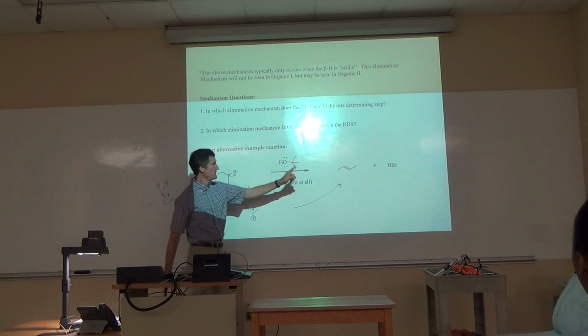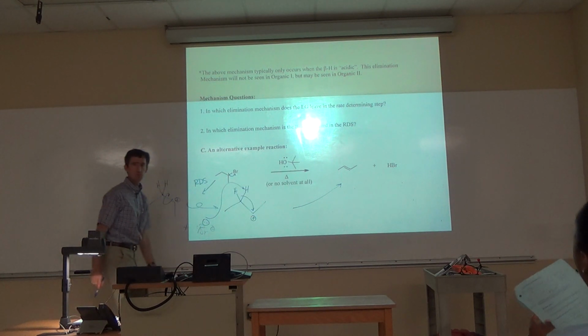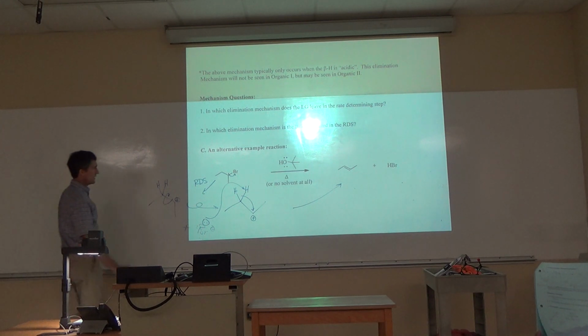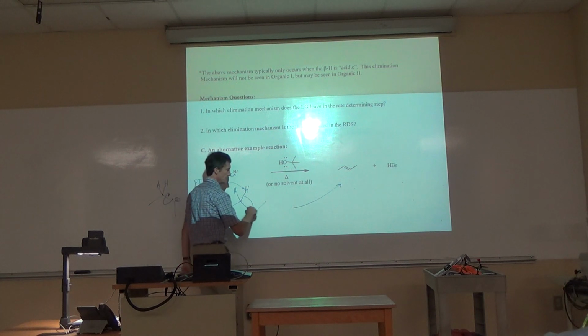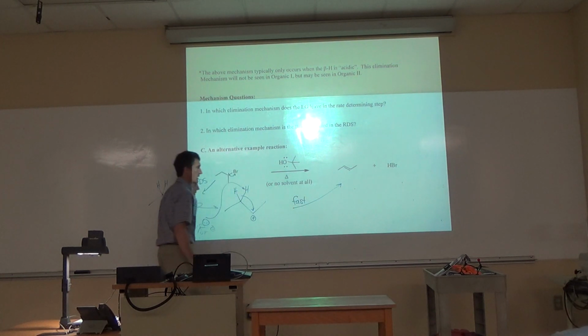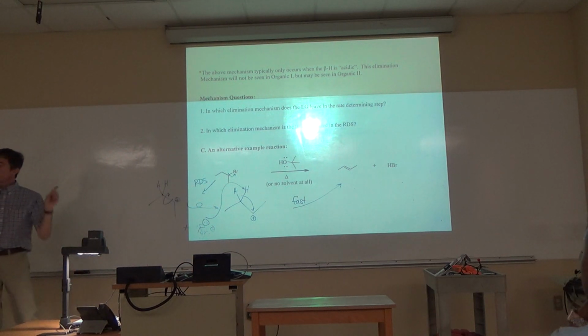HBr may be ionizing the alcohol. It's possible. But you could do this with no solvent at all. Formation of cation is the rate determining step, then fast beta elimination. Just like SN1, E1 involves a carbocation.